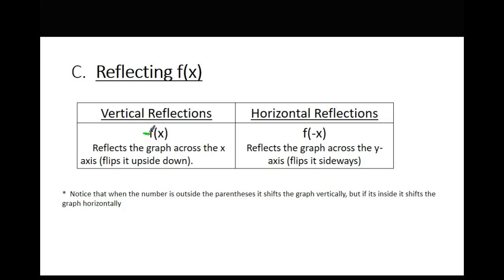It makes all the y values become negatives. If you have your negative on the inside, it's going to flip your graph horizontally. It makes all the x values change their sign instead of the y values. So let's go ahead and give this a shot.